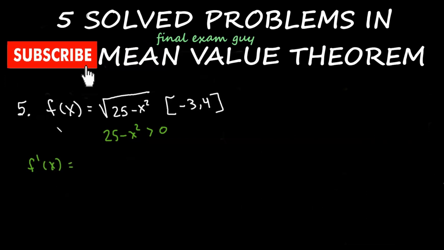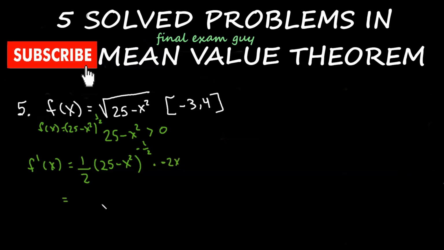So you can also say that this is 25 minus x squared to the half. If we apply the chain rule, we get 1/2 times 25 minus x squared to the negative half, multiplied with the derivative of the inside, negative 2x.